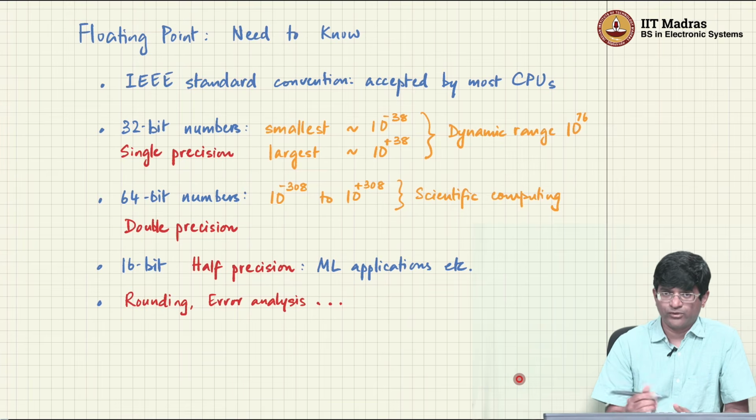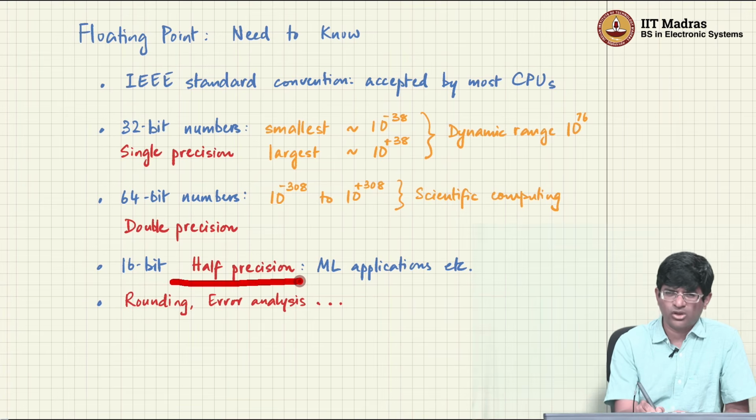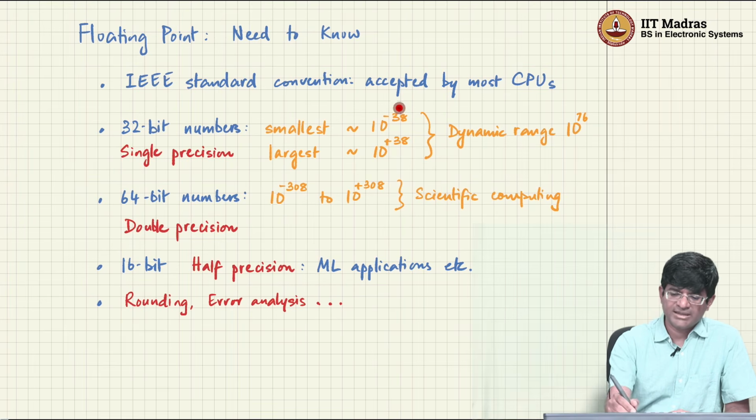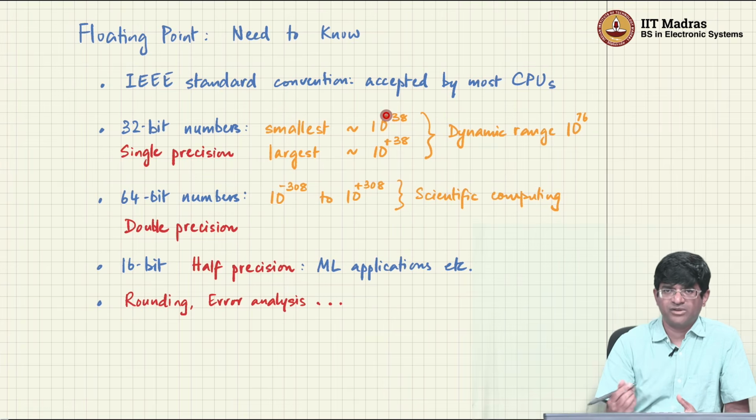And for those of you who are interested in machine learning applications and so on, you might have recently come across a lot of hype and buzz around what's called half precision, right? Because some of the big CPU manufacturers or GPU graphics manufacturers are implementing half precision. And the reason why that works is there are a lot of applications where even this kind of range of numbers or the kind of precision that we get with these mantissas is not really required, right?